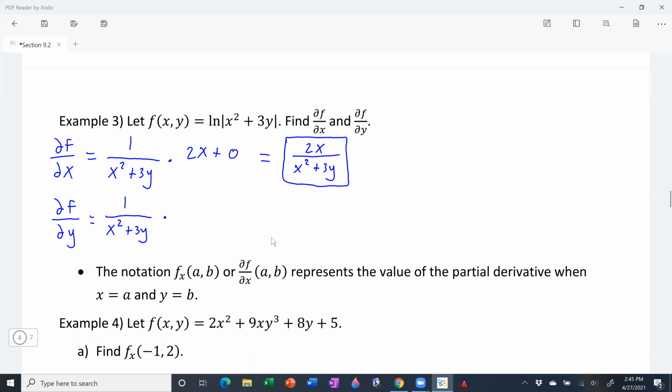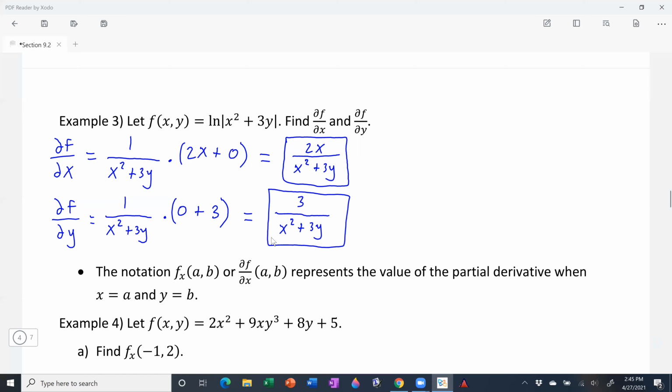The derivative of x squared, if x is a constant, is just 0. Maybe I should put parentheses just to be careful there. So 0 plus the derivative of 3y, when we're treating y as the variable, that's going to be 3. Then we can place the 3 in the numerator, and this is the answer, the partial derivative with respect to y.